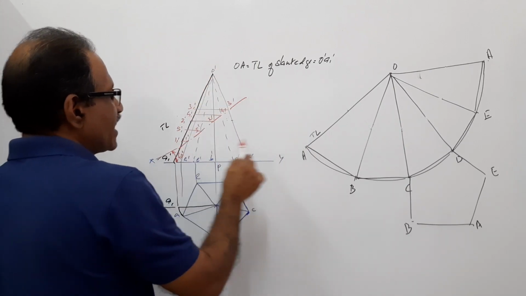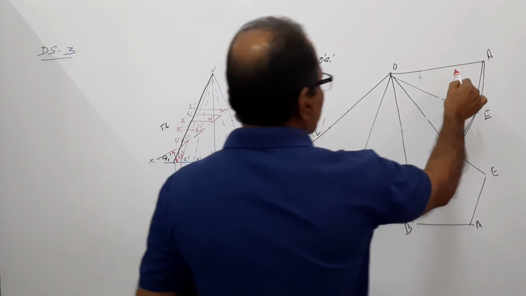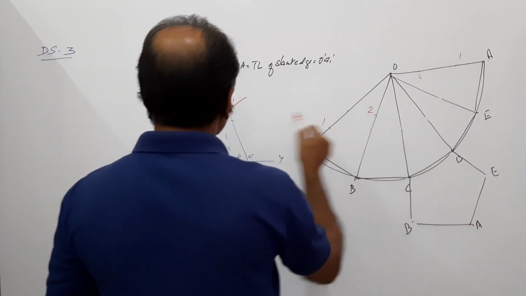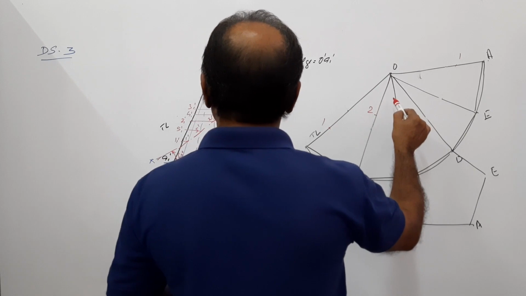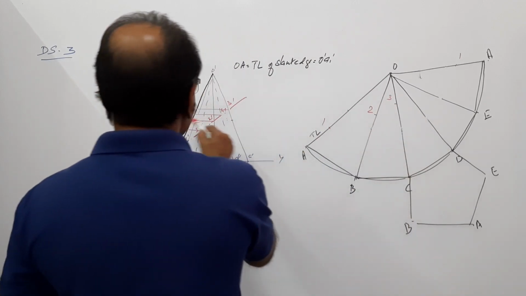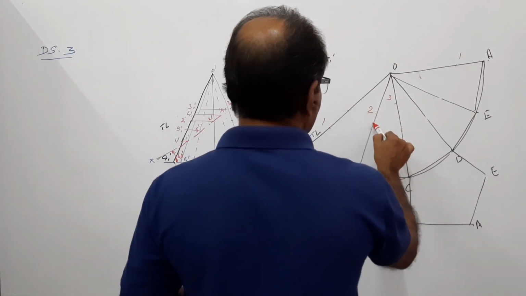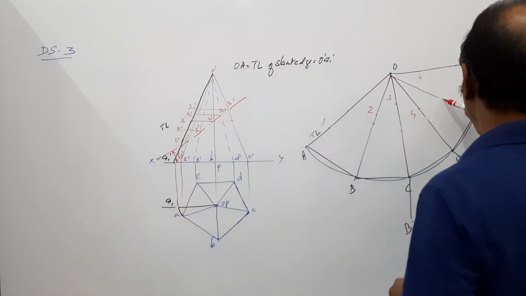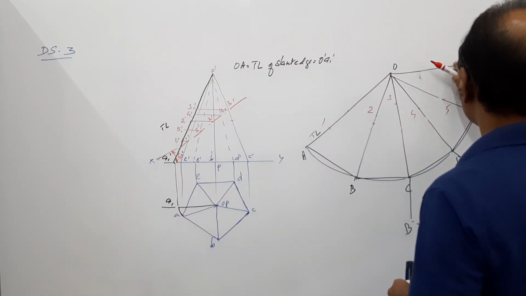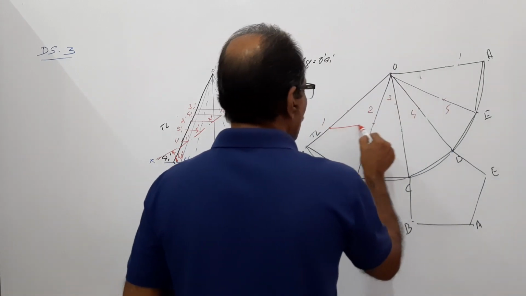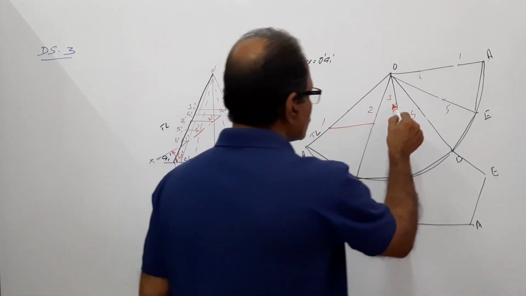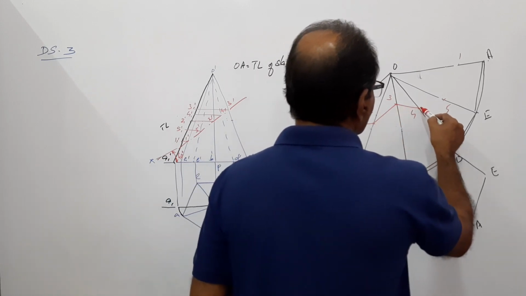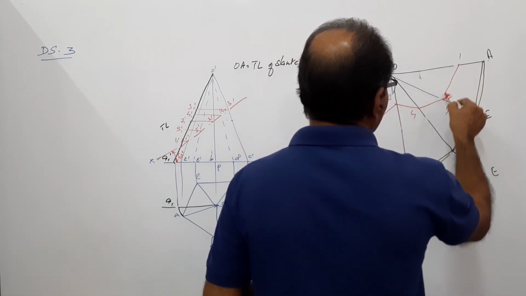Take O dash 1 dash and mark on OA 1, O dash 2 dash, 2, O dash 3 dash, 3, O dash 4 dash, 4, O dash 5 dash, 5. Connect them: 1 to 2, 2 to 3, 3 to 4, 4 to 5, 5 to 1.